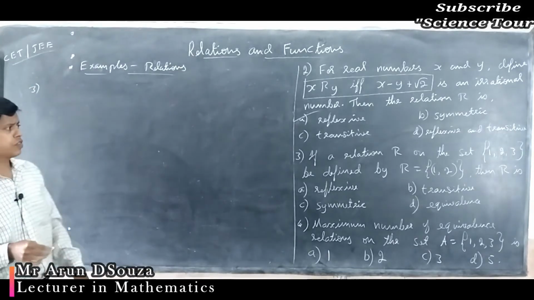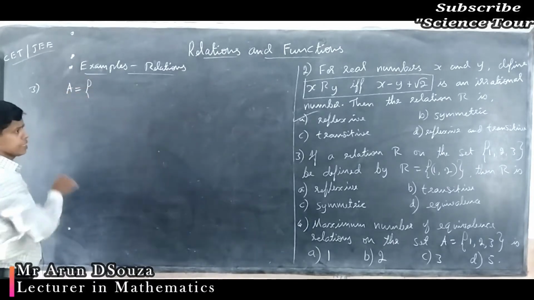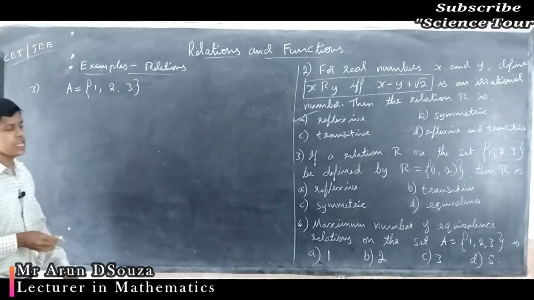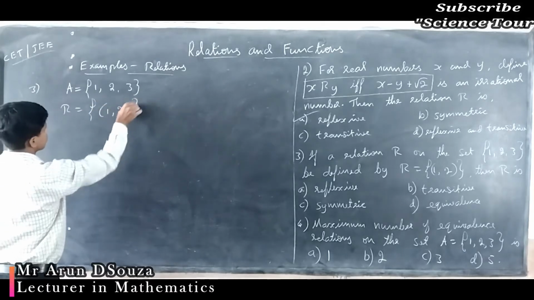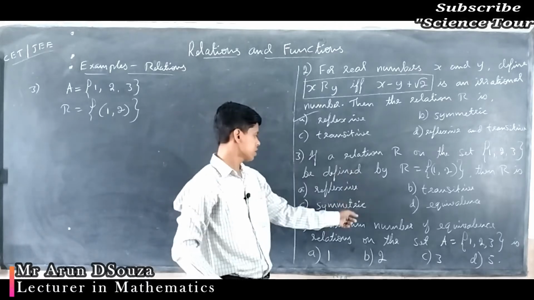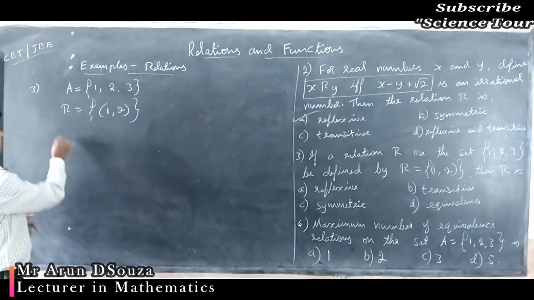So third question, if a relation R on the set, I will give a name to that set. I will write A, and A is 1, 2 and 3, and the relation is very simple. You got only 1 comma 2 in that, just one ordered pair. Then is it reflexive, transitive, symmetric, equivalence? Let's check. So is it reflexive? What do you mean by reflexive?